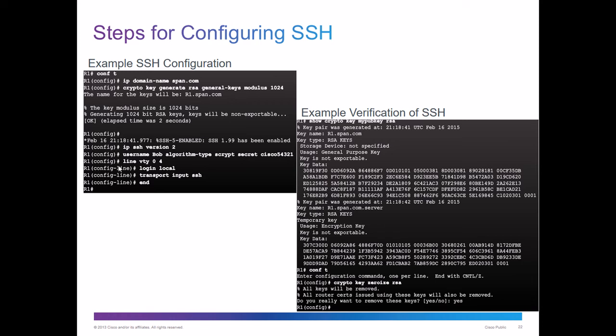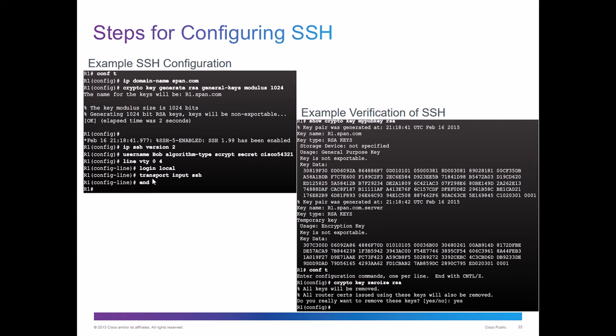All right, so after you type in the ip domain-name and the crypto key generate, you create the username and a password like we've talked about earlier. And then you go to line vty 0 4, the 5 sessions that you can remotely access your router. Then you say login local, which means you are going to use the username and password to get in.